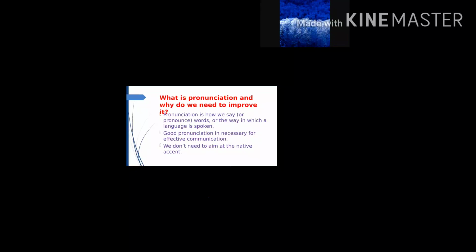Now this one, English Pronunciation in Use by Mark Hancock, CUP. It's not a very costly book, but if you cannot buy it, you can ask your college library to buy this book. It is one of the finest books available in the market through which you can self-learn pronunciation.